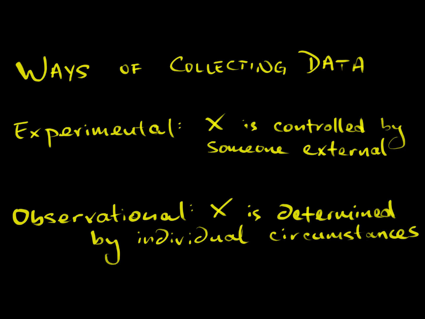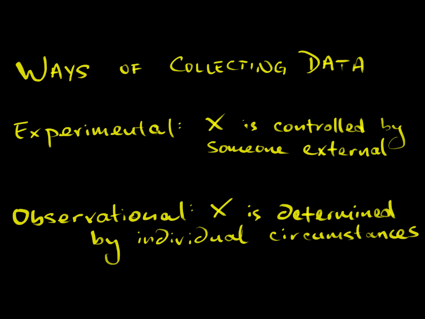Control group, you get a placebo. Treatment group, you get a full dose. Second treatment group, half dose. Placebo, full dose, half dose, etc. Different people are assigned their X values by someone external, like the researcher. Those are experimental data.